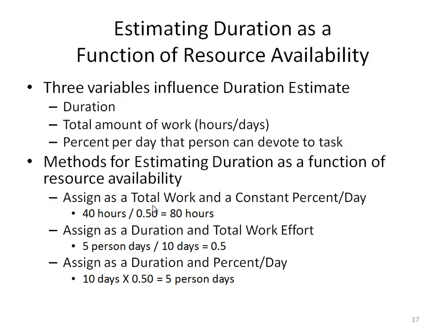We can also assign duration and percent per day. So we will have 10 days times the percentage that you work per day, which is half, and that will be 5 human days for that task to be done.